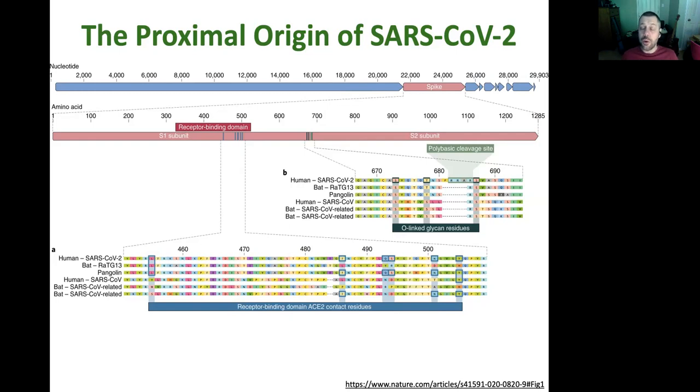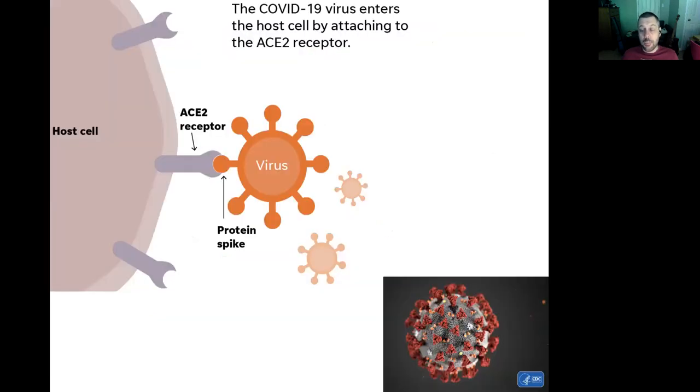Why is the spike protein so important to look at? Well, it's basically because of what the spike protein actually does for this virus. So in the bottom right-hand side of this slide, you can see a picture of the coronavirus, which you guys have probably seen now many times, some version of that. And it's got these red things on the outside.